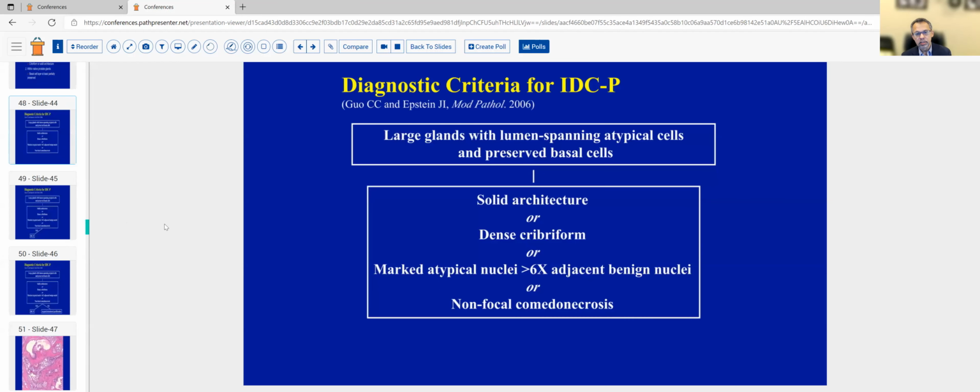Several investigators have attempted to refine this histological definition of intraductal carcinoma, and the criteria which has been proposed by Guo and Epstein in prostate biopsy are now widely utilized.